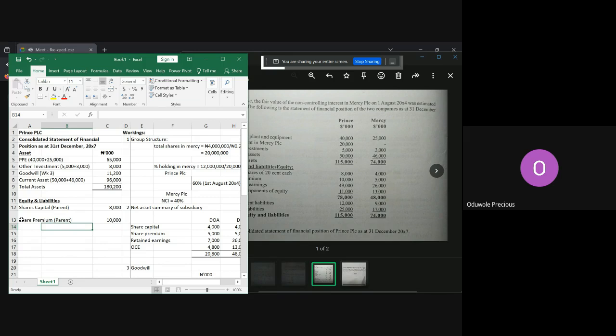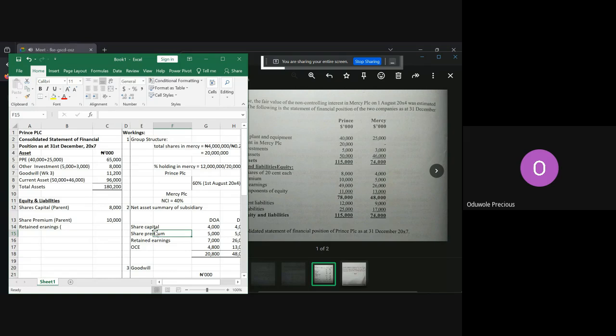So what's next? Retained earnings. So retained earnings will be from workings.